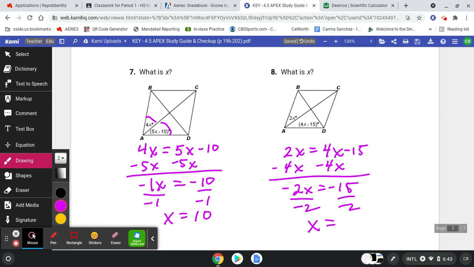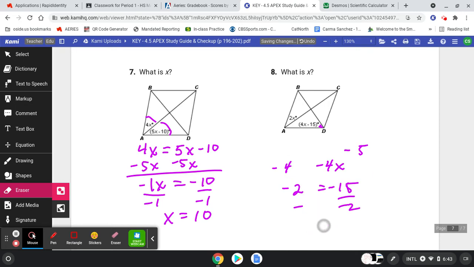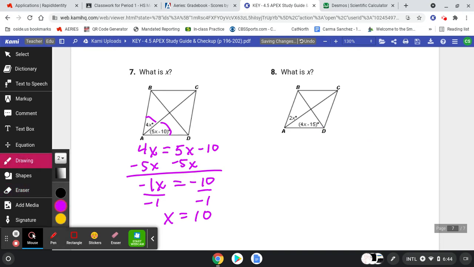You know what? Sorry about this. This is not this angle. It's not this angle. This is actually on the other corner over here. So when I first glanced at this, I looked at this wrong. Okay, so this one is this over here, and this 2x is over in the other corner.